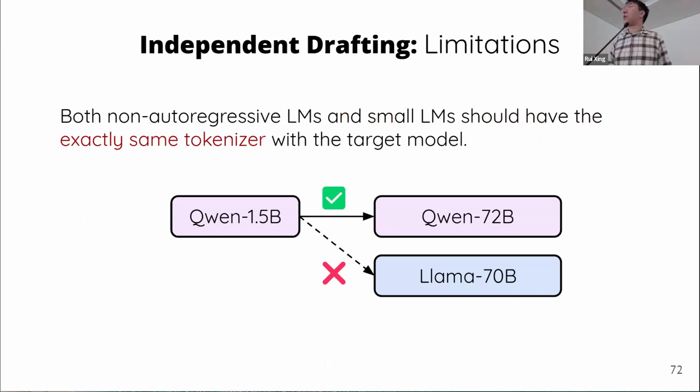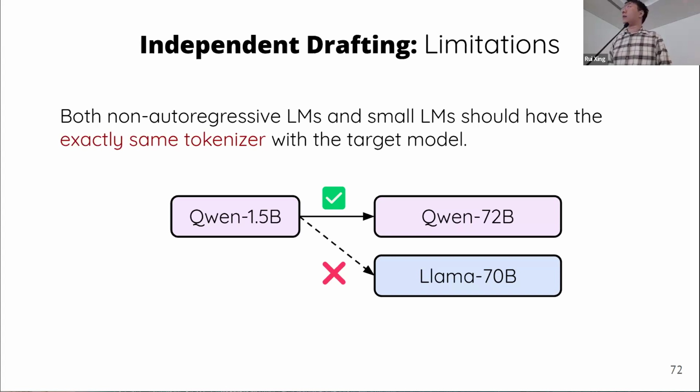If you know the Qwen models, you know that the smallest Qwen model does not have the same tokenizer as Llama. So the Qwen model can be used as a draft model for a larger Qwen model, but it cannot be used for Llama. That's a problem. Usually if you have the computing resources to train a very large model, you have to train a paired, really small but very powerful model to accelerate inference.